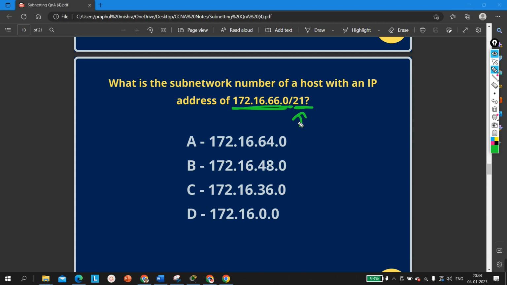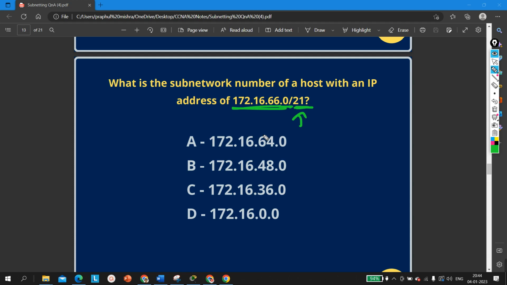Sir, I want to ask a question. What is the CIDR value? You need to watch yesterday's video, dear. A CIDR value is another representation of subnet mask, right? So this one is an IP address from class B. As you know, by default the subnet mask for class B is 255.255.0.0.